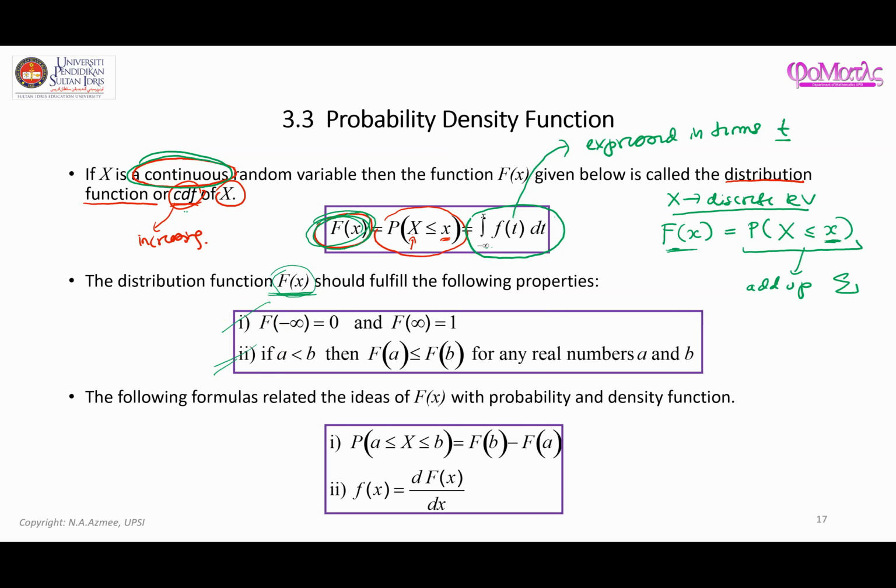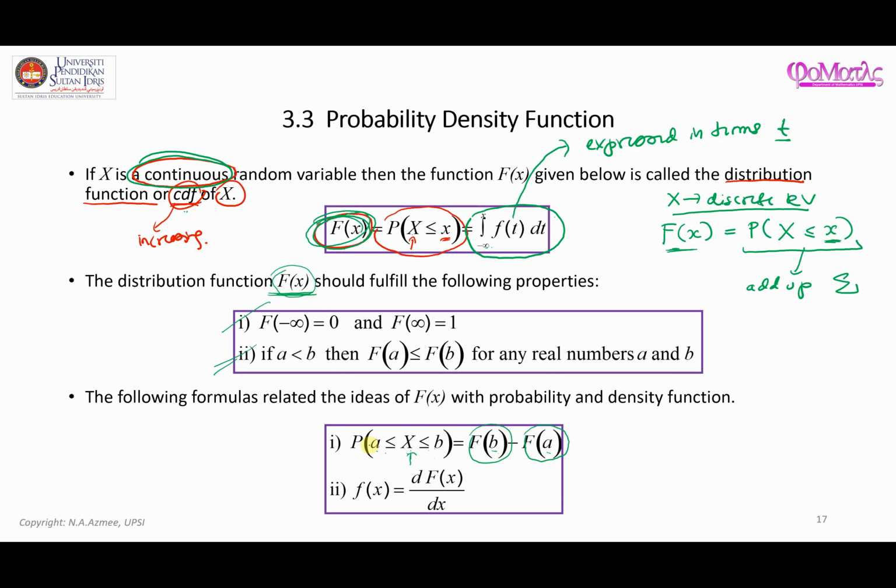Next, if you want to find the probability of our random variable being between a and b, you can consider the cumulative distribution function for point b and subtract the CDF for point a.